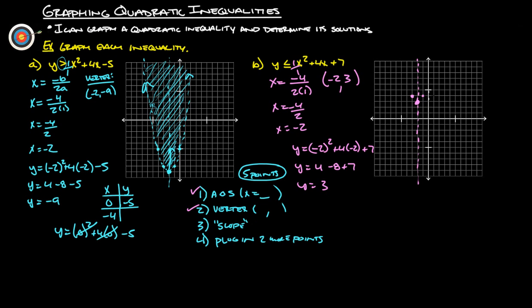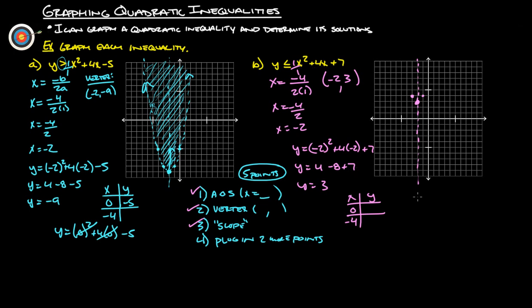And then we want to plug in 2 more points, so we have our x and our y. I'm going to plug in 0 and negative 4, right? And again, whatever we get for 0 is going to be the same thing as for negative 4. So that's going to make life easy.